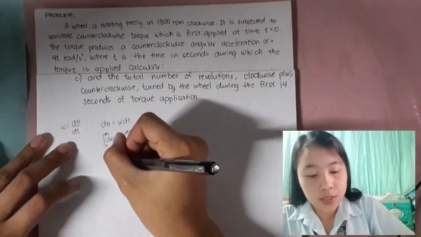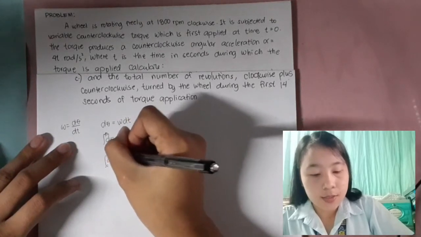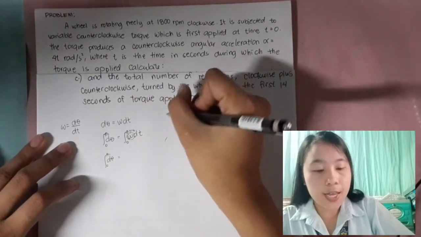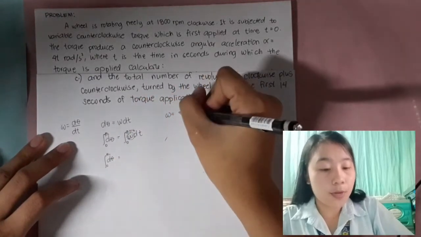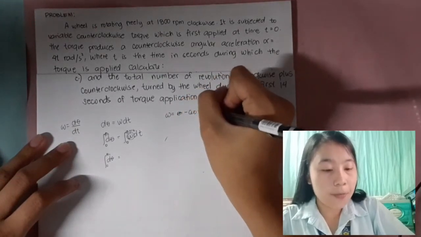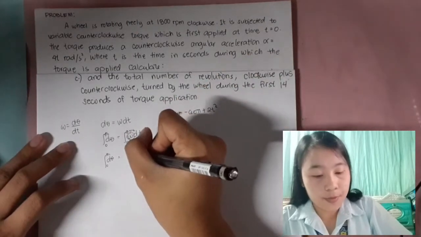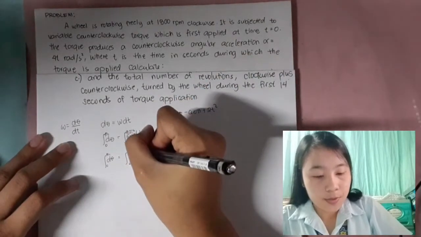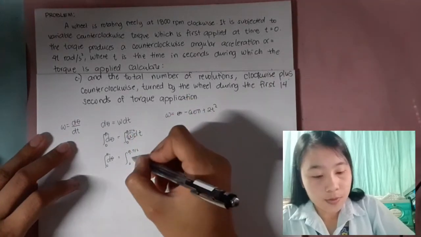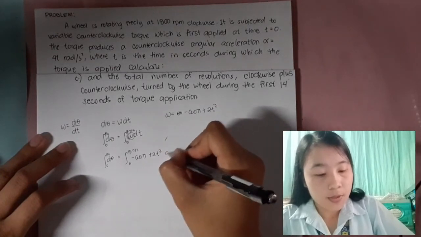So d theta is equal to the value of omega from earlier, negative 60 pi plus 20t squared, dt.